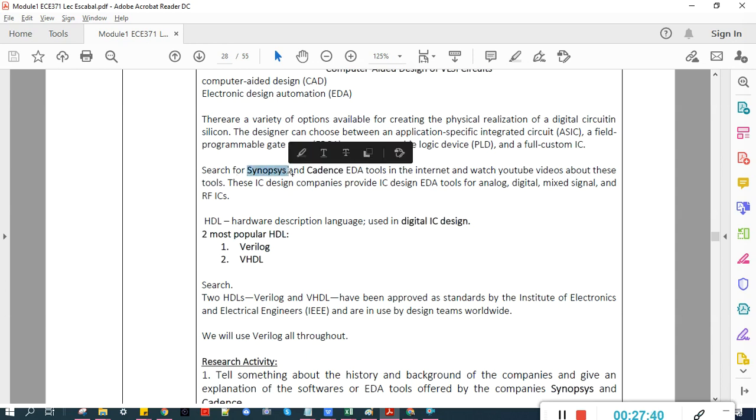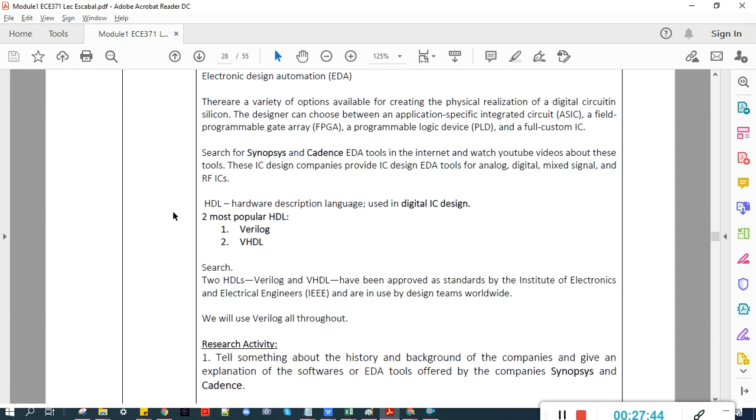You may just experience it yourself to research which of these two are suitable for a particular application or IC that you want to design.